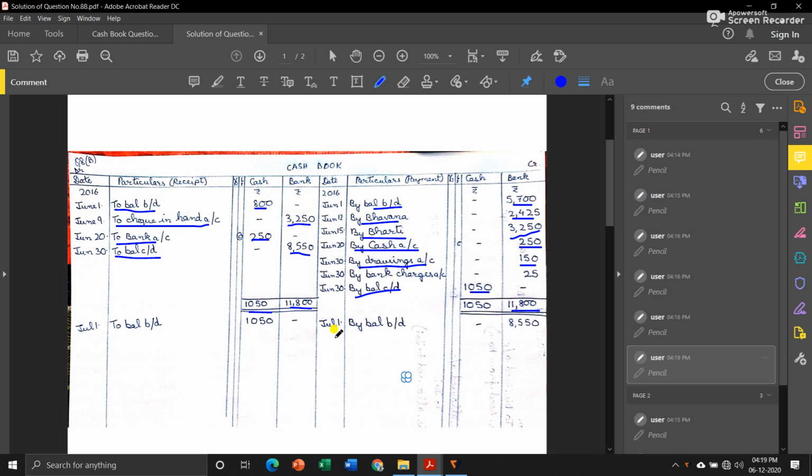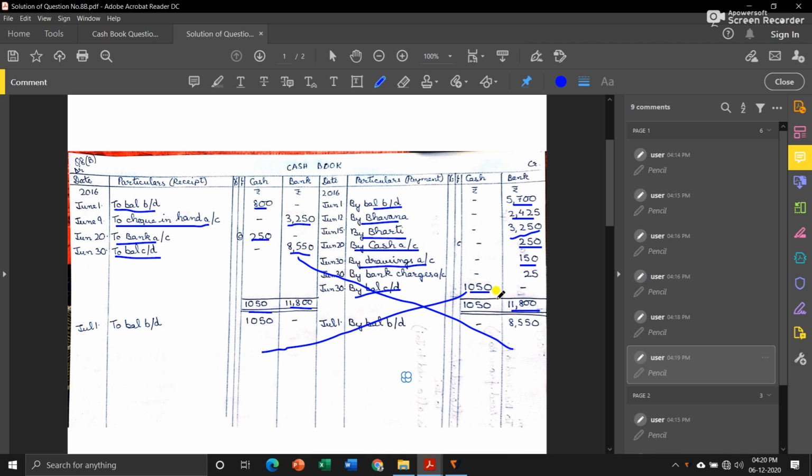Now in this question, we got one balance carried down on debit side and one balance carried down on credit side. So what we will do is we will bring down the balances crosswise, cross means oppositely.